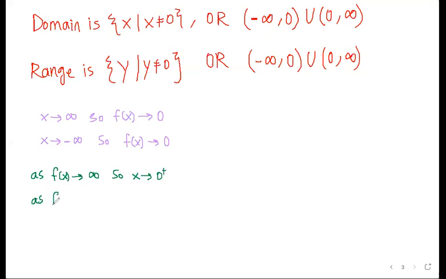As f of x goes to minus infinity, x will be close to 0 from the left side. Okay, makes sense? Any question for this? Anyone has a question?